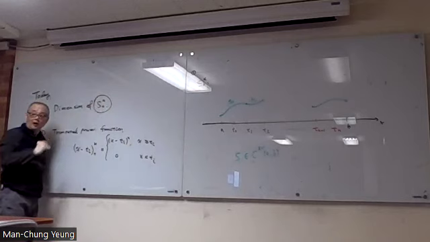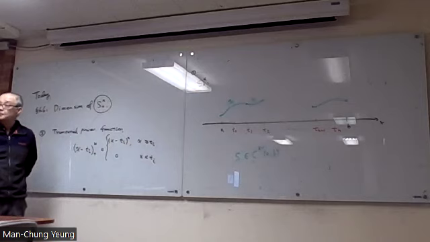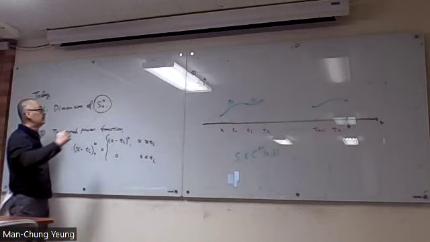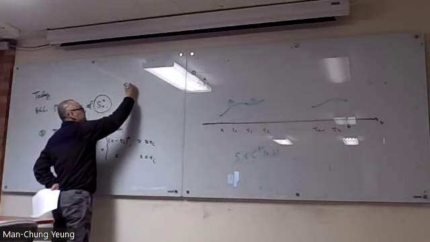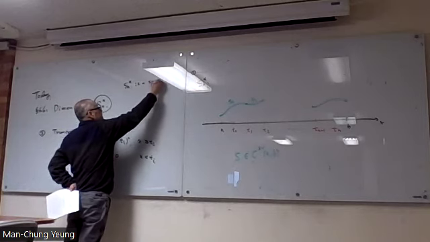The set of all spline functions of degree k is a space. What does it mean, space? This is a mathematical term, okay? S and K is a space.